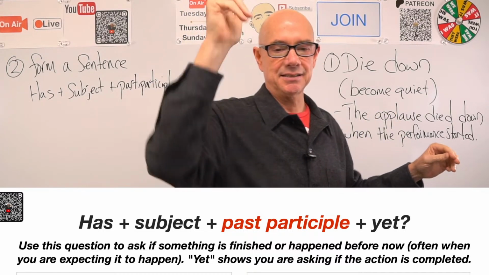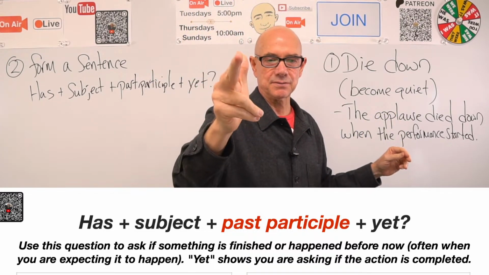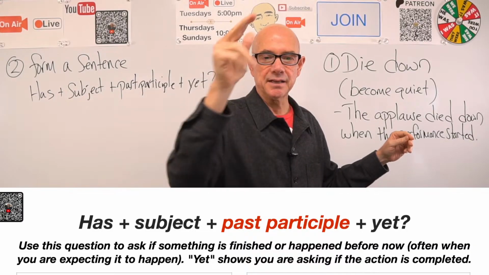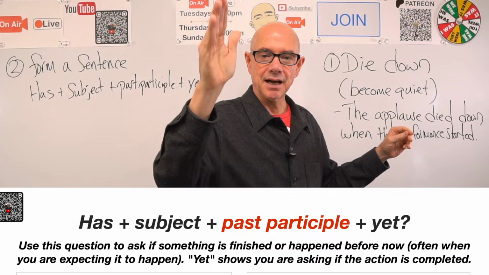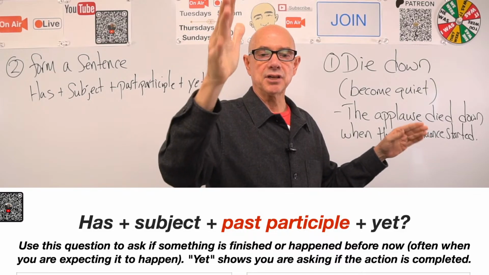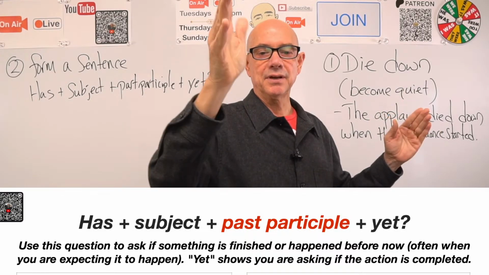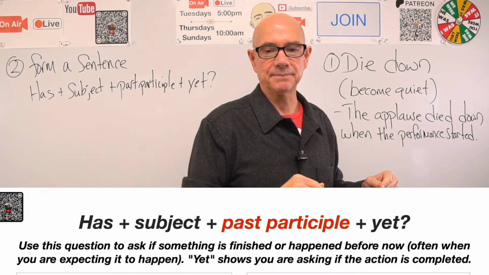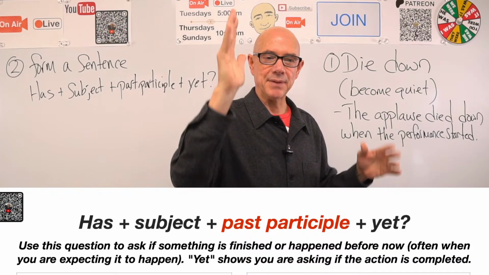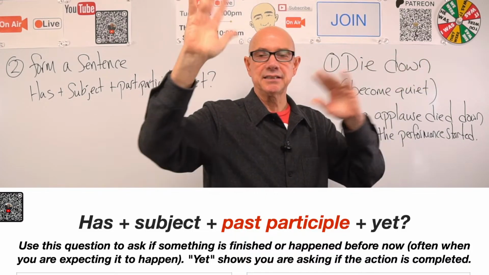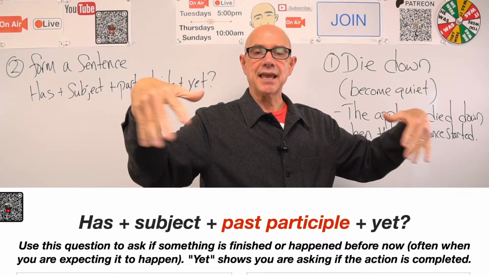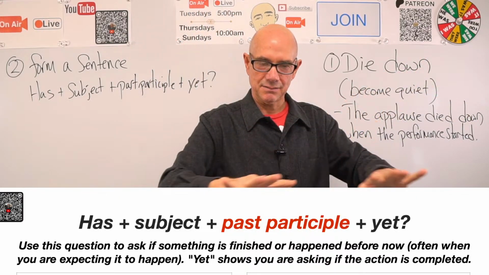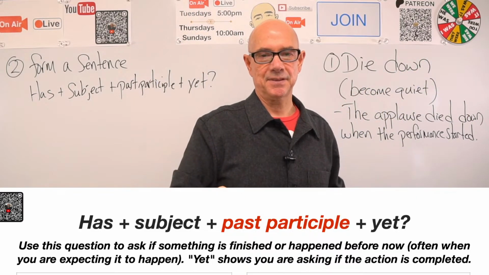Good sentence. Iman, the child died down when his mom got home. Yeah, so the baby is crying, yelling, making a fuss, but then when the mother came home, the baby calmed down, like the wind.